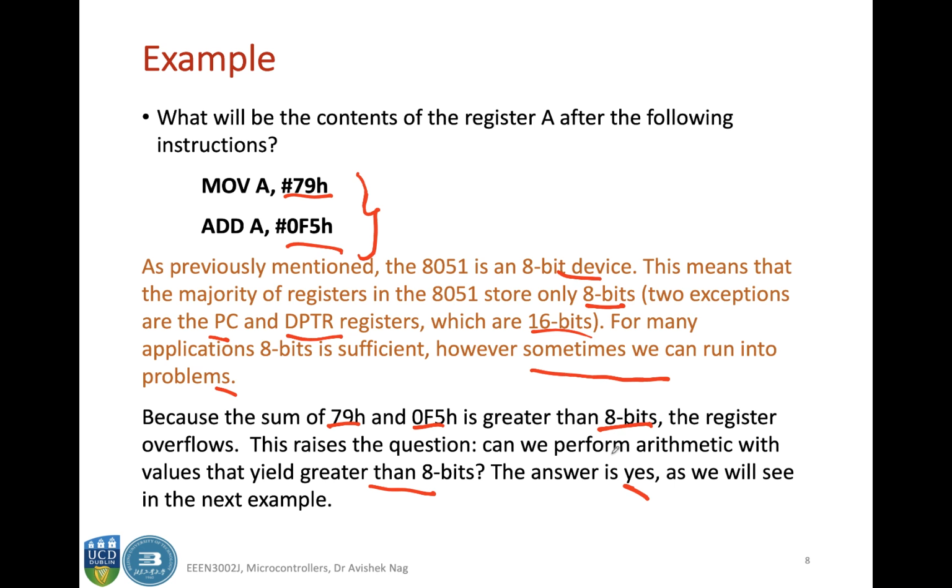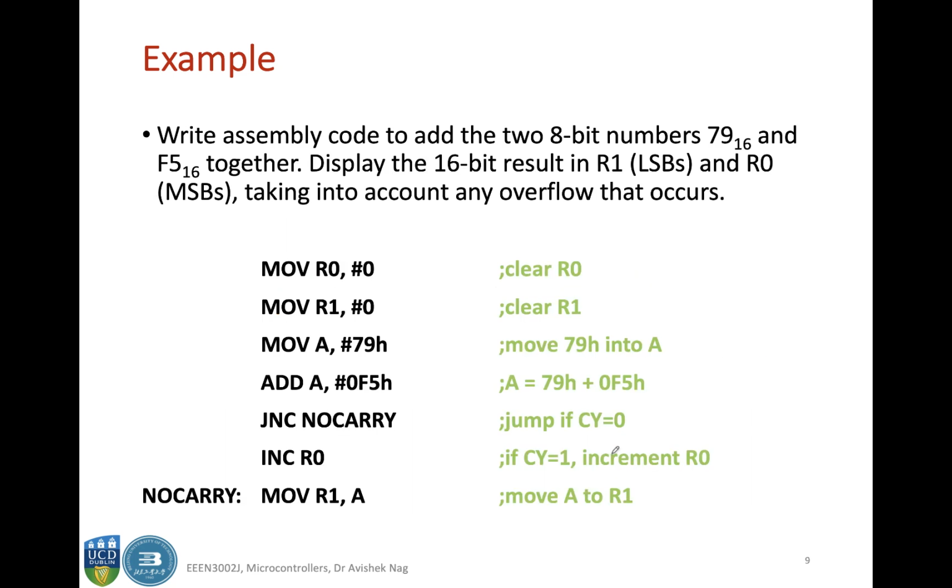And now you will find out a very good usage of the carry flag and the auxiliary carry flag. So let's look into this example code. Write an assembly code to add the two 8-bit numbers 79 and F5. Display the 16-bit result. By now you know that if you add these two numbers, it will be more than 8 bits, so you have to represent it in a 16-bit format.